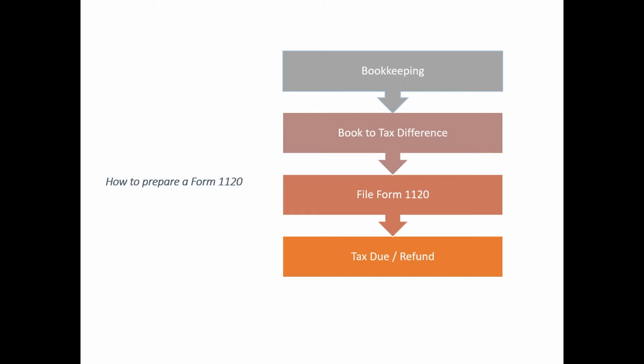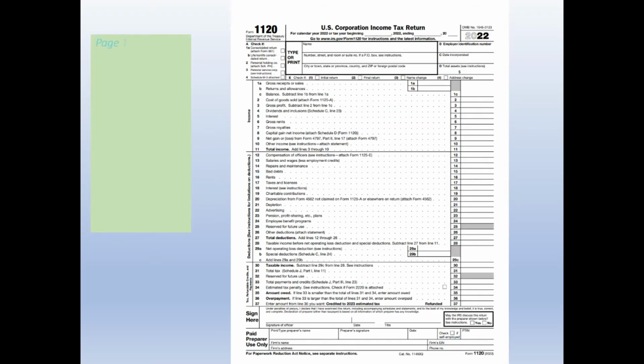After you prepare the Form 1120, then you know how much tax due or refund you have. So Form 1120, the main form, has a total of 6 pages. And every item can have a schedule or an additional form. It depends on how complicated your business is and how much activity you have for the year.